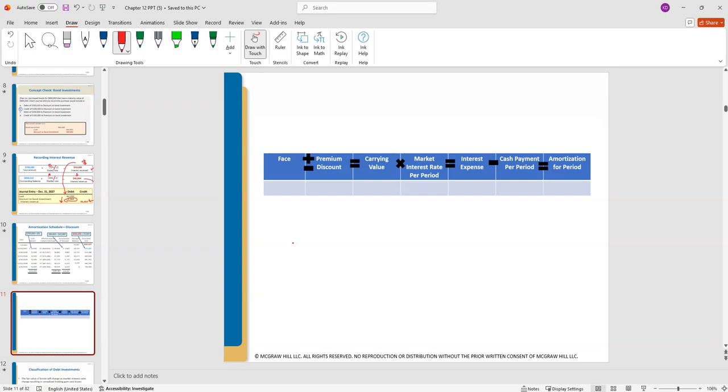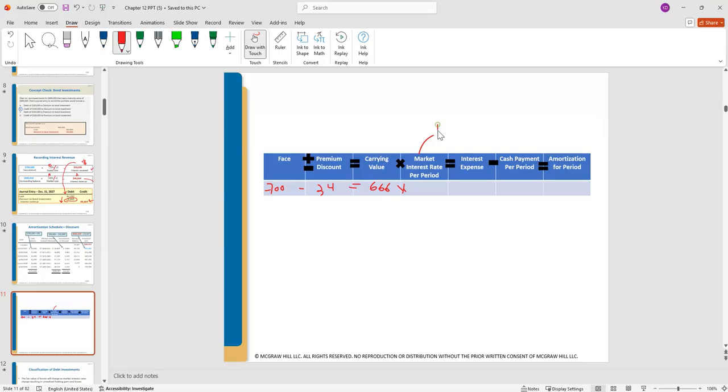Another way of looking at this, and this can be from the issuer's perspective, but we would grab these numbers as the investor, just like a simple example. 700 is the face. The discount is 34. So the carrying value would be 666. We'll multiply that by the market interest rate per period.